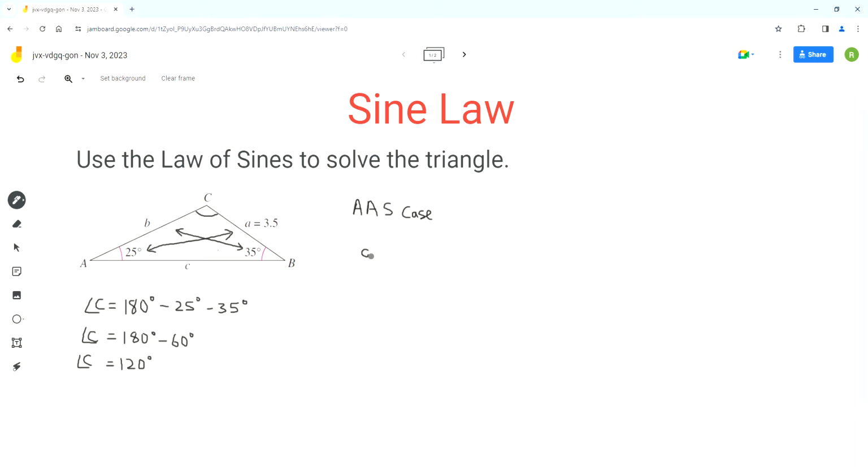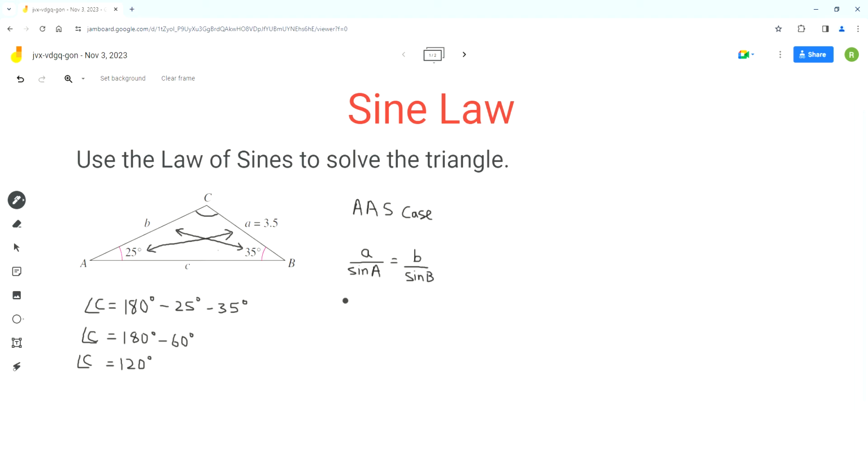So the equation is A over sine A equals B over sine B. We are using these two ratios because we know side A and angle A, and we know angle B, and we have to find side B.